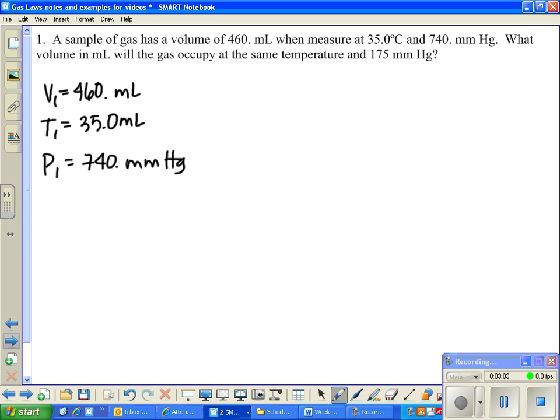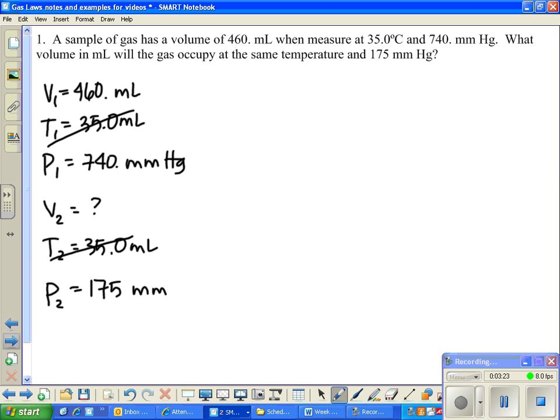The question is what volume in milliliters, so what is V2, when the gas is at the same temperature? So T2 is 35.0 degrees Celsius. If it's constant, we don't care about it. It doesn't affect our equation. Our pressure changes to 175 millimeters of mercury.